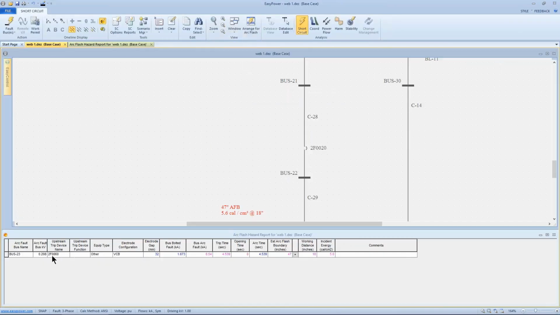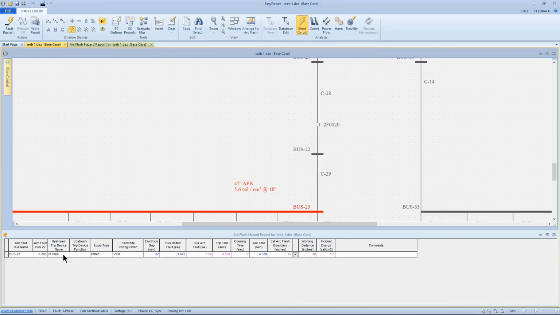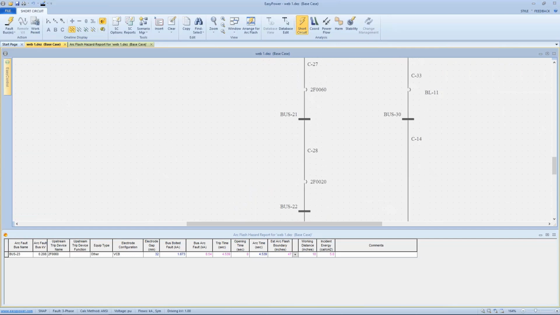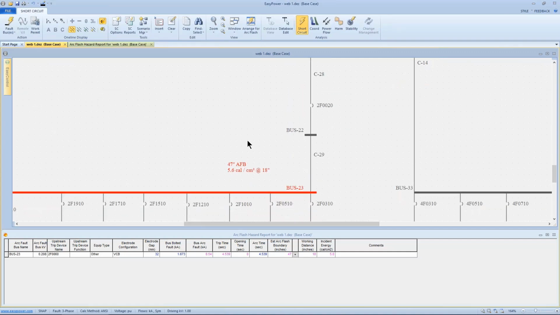And what we see is this particular bus is supplied at 208 volts. It's looking at this particular breaker as a tripping device. The arcing current is less than 500 amps, and the trip time we're showing is a little over 4.5 seconds.